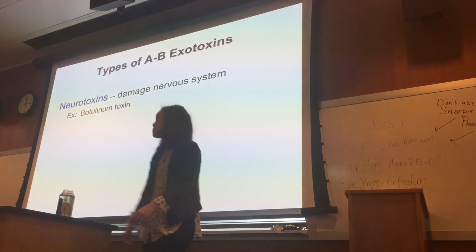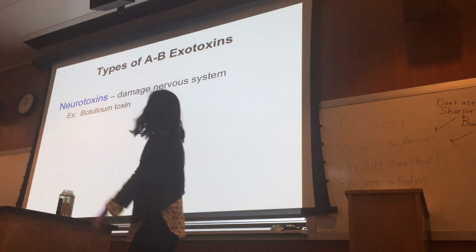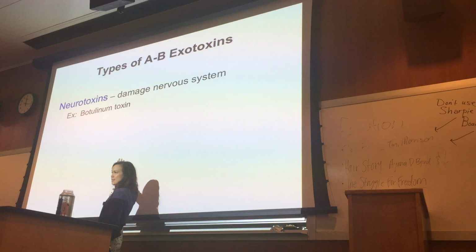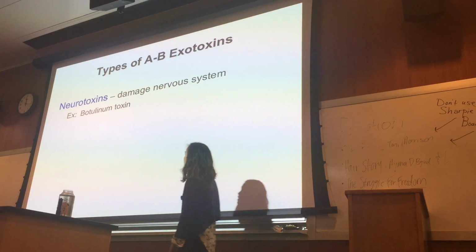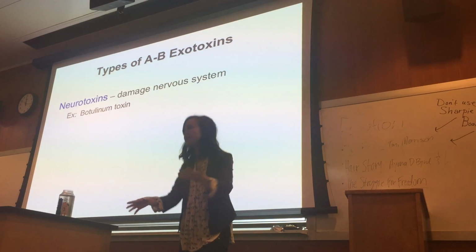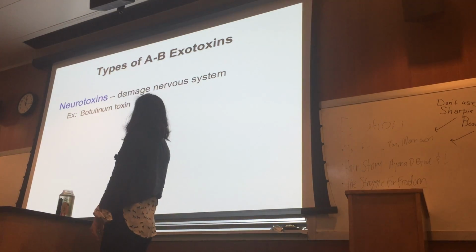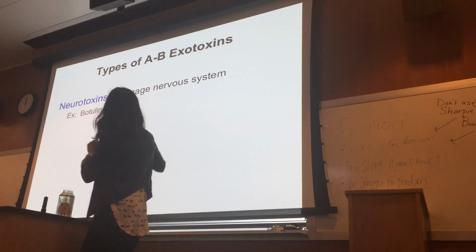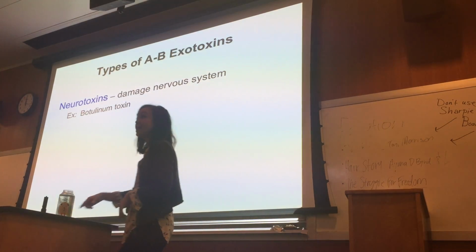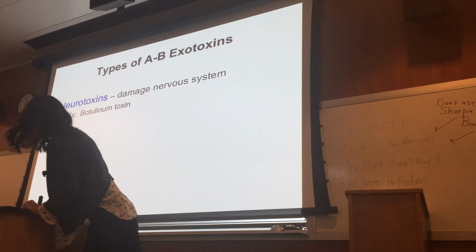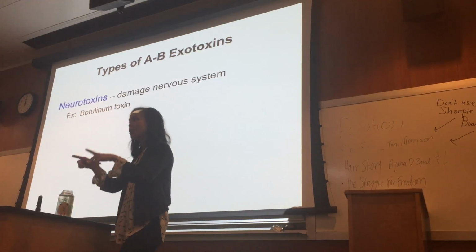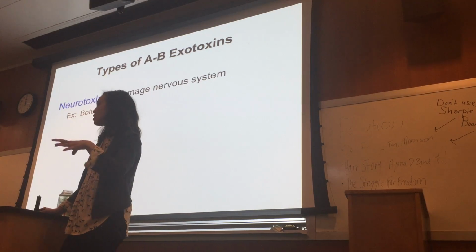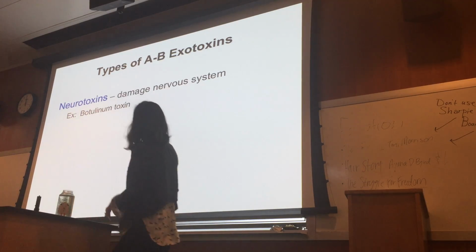If we call something a neurotoxin, what we're basically saying is that this is an AB toxin that has its effect on your nervous system. So we're gonna delve into some more specific examples of neurotoxins later on in the semester, and how they wreak havoc on your neurons in your nervous system.